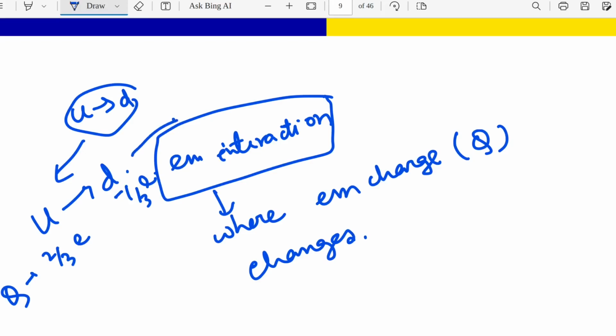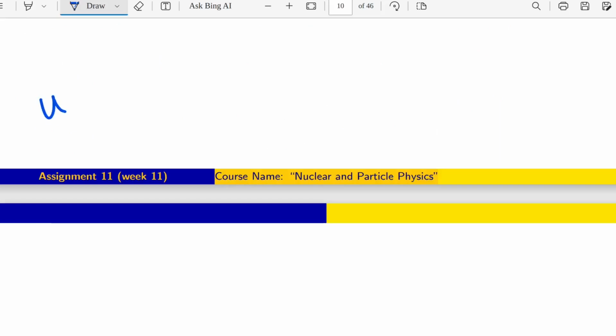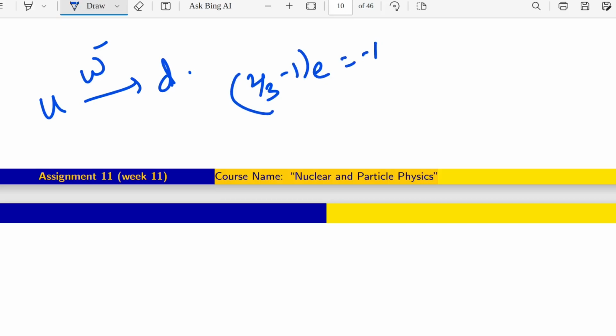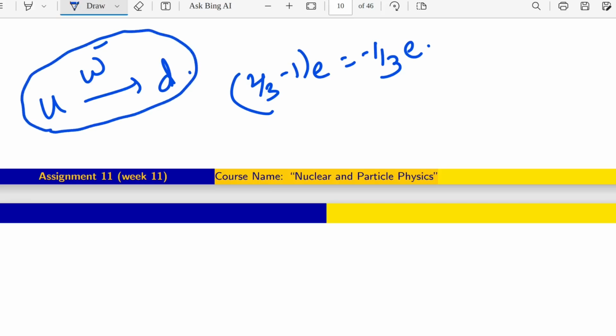I already told you that U to D can be possible via W minus, because 2 by 3 minus 1 E is minus 1 by 3 E. So you can also tell that in electromagnetic interaction our W boson can take part, because it is changing our Q value from plus 2 by 3 E to minus 1 by 3 E.